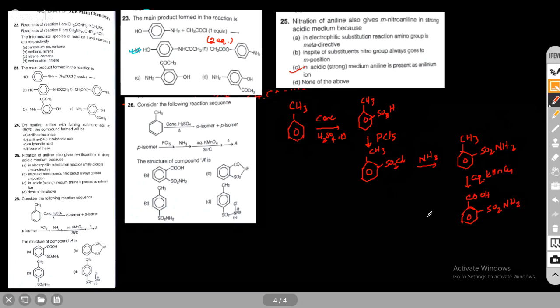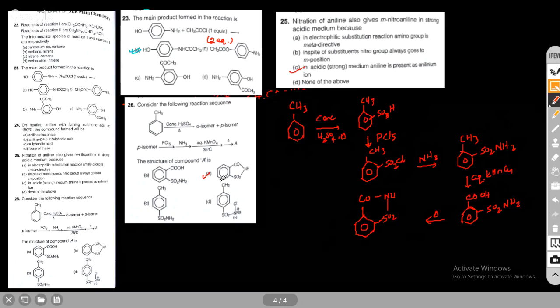Further, we are heating this. So obviously, when you heat this, condensation takes place. OH and H comes out as H2O, and these molecules combine as CO, NH, SO2. So the product will be option B.